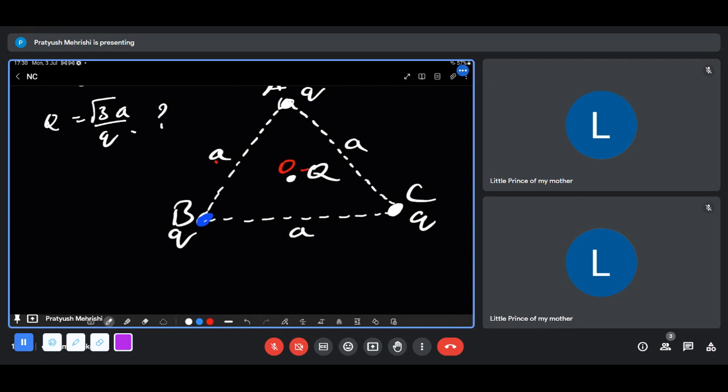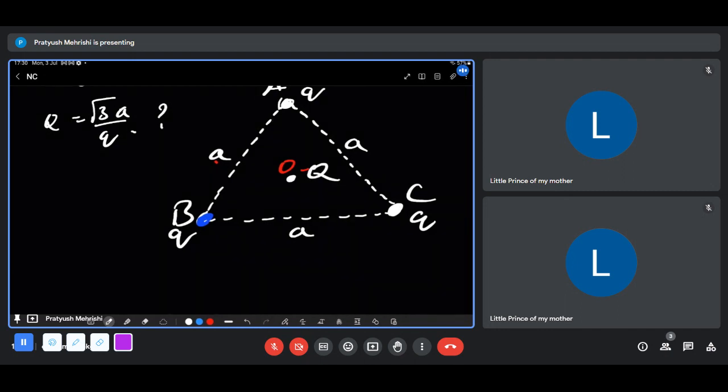All these three charges are kept at the same positions. The distance is given as a by 2. How much charge should you keep at the center so that the system remains in equilibrium?